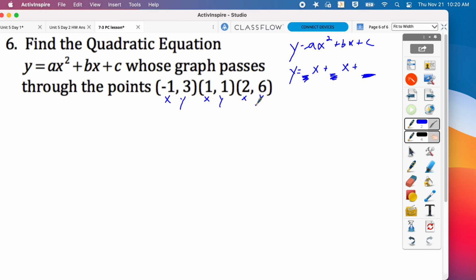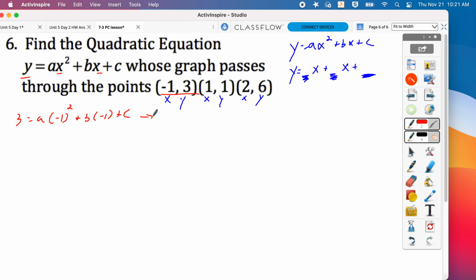So what we're going to do is take them one by one. I'm going to take this ordered pair, x, y, (-1, 3), and substitute them into the x's. I put 3 into y, -1 into x.